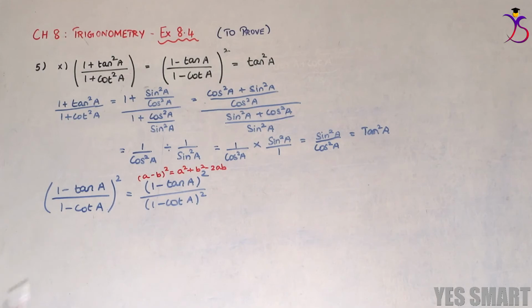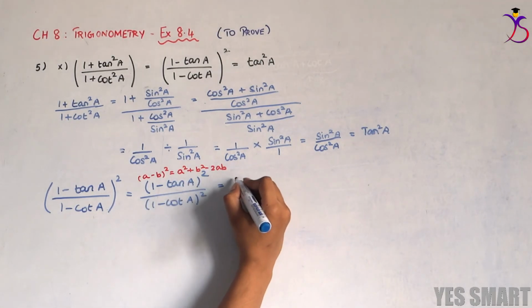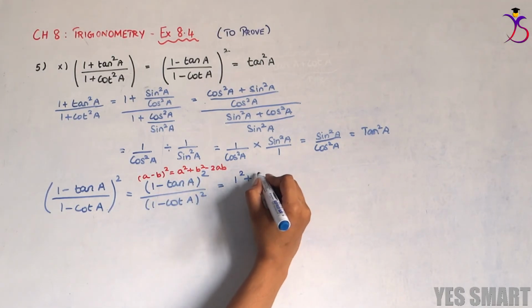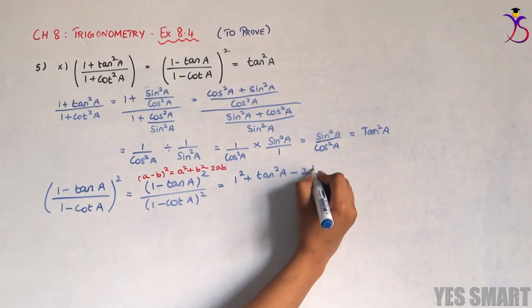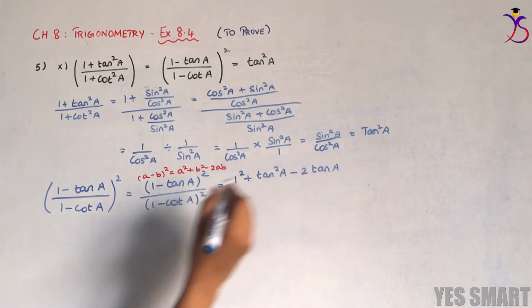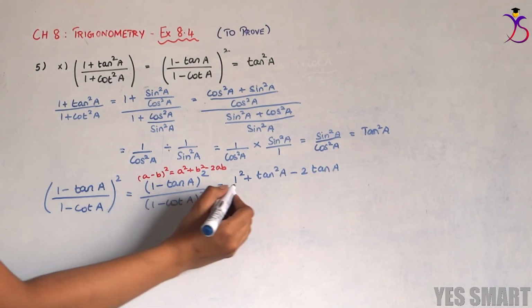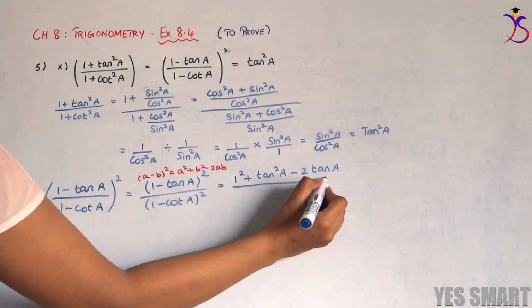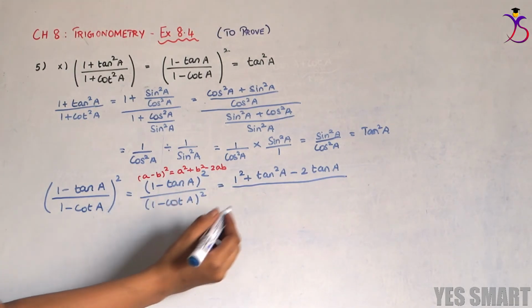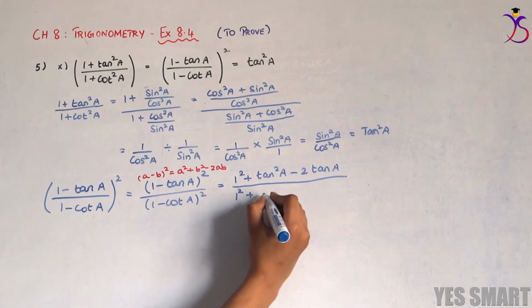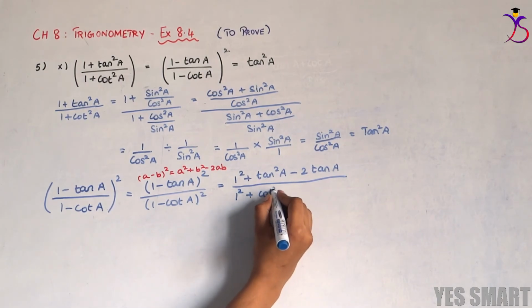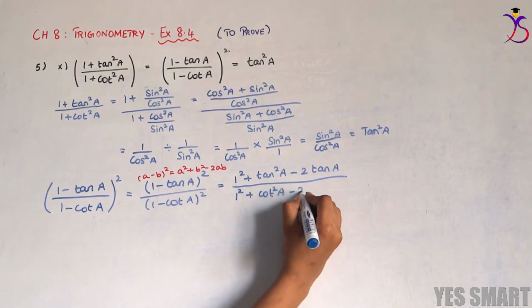So we are going to expand both the numerator and denominator using this identity. Thus it becomes 1 square plus tan square A minus 2 tan A divided by 1 square plus cot square A minus 2 cot A.